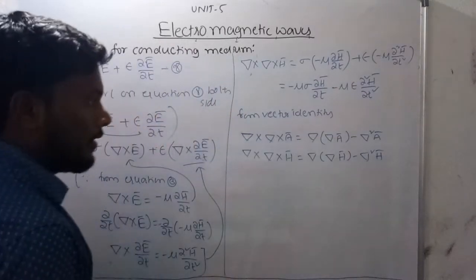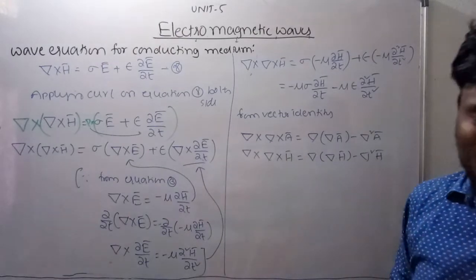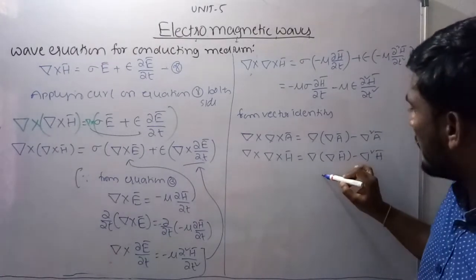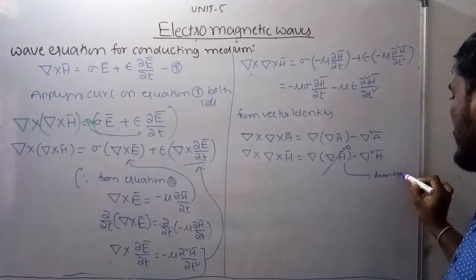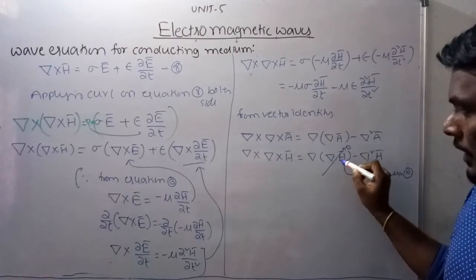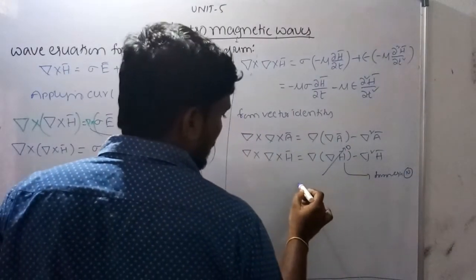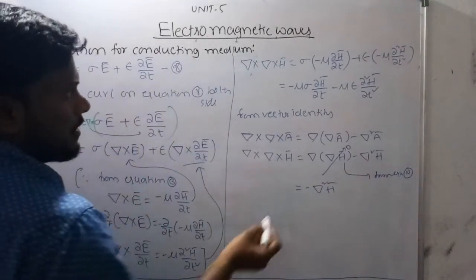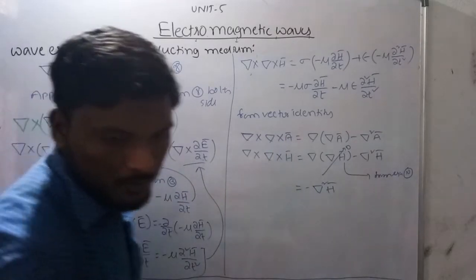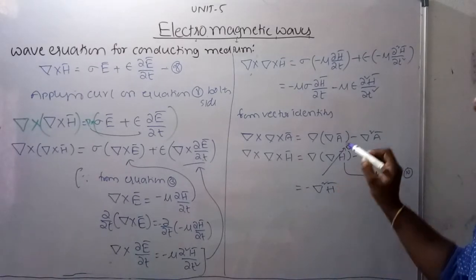But you know the divergence of magnetic field intensity, from equation 10, is 0. If you observe equation 10, the divergence of magnetic field intensity equals 0. So what is the remaining term here? It is only minus del square H bar. Just substitute this value in this equation, which we consider as equation number 11.